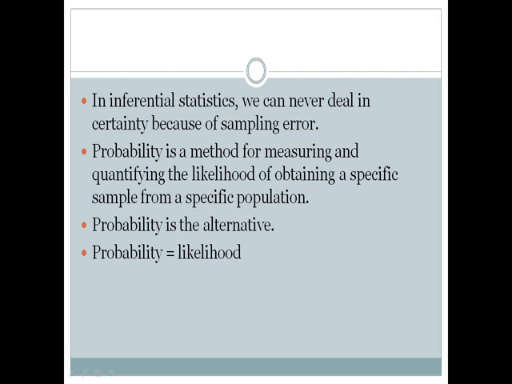In this case, it's more likely they came from the bag that had 90 white marbles, although we're not 100% sure that that's the case. Probability is a method for measuring and quantifying the likelihood of obtaining a specific sample from a specific population in terms of inferential statistics.